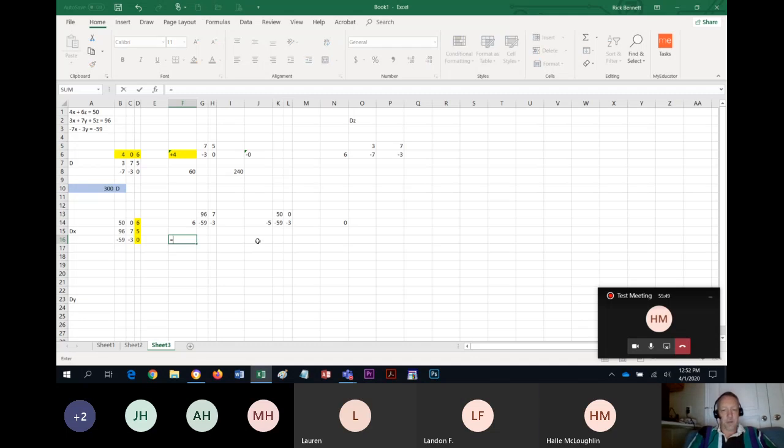All right, so this is going to equal 6 times 96 times negative 3 minus 7 times negative 59. I'm scared if this is a big number or not, but we're going to find out right now. Oh, something seems wrong there. I got 750. And then you would divide that by 300. 96 times negative 3.